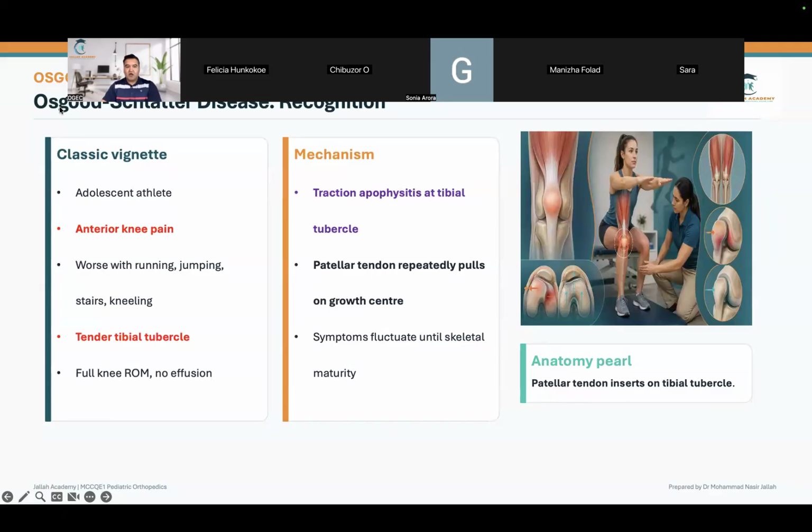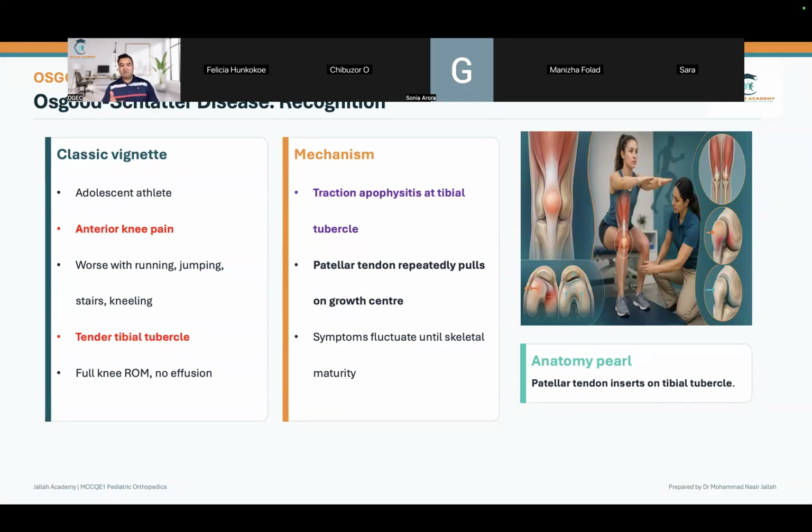Osgood-Schlatter is, again, clinical vignettes. Usually they give you a scenario about someone who is an adolescent, let's say around 12 or 13 years old, and he is an athlete. Anterior knee pain, like patellofemoral pain syndrome.